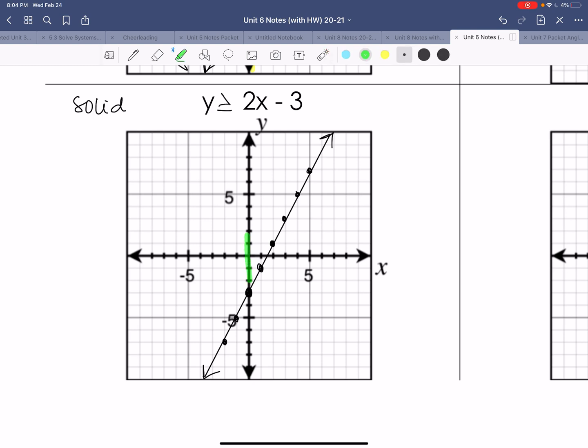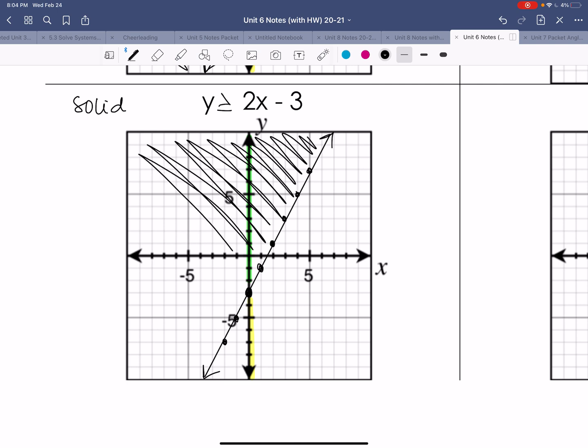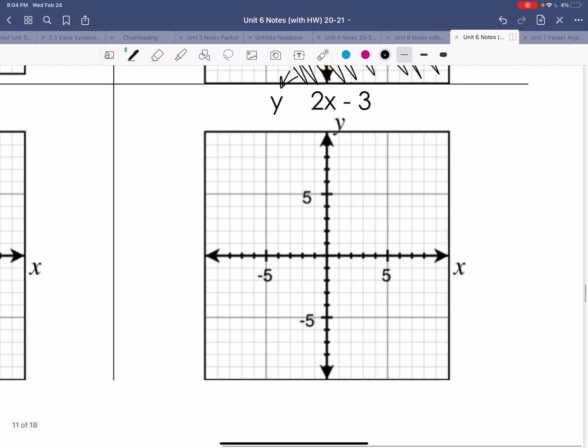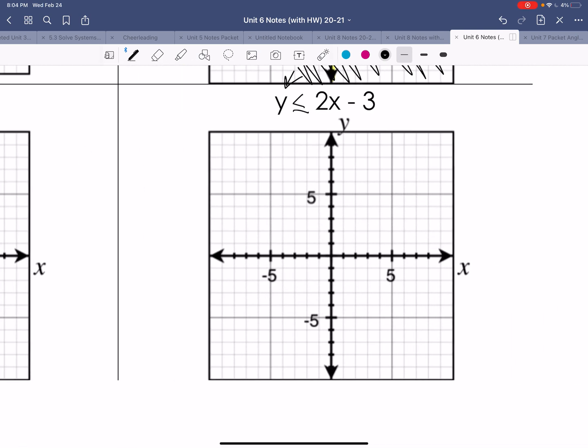Okay, then we have upper piece of my number line, lower piece of the number line. Y is greater than or equal to, so my y-axis is greater than or equal to up here. So I'm shading that side. And then last we have less than or equal to.